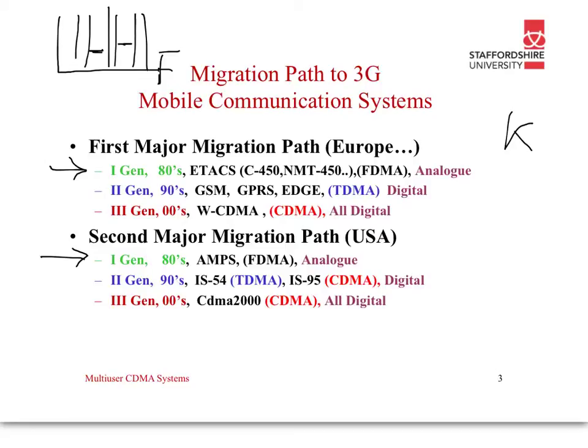So then we moved on to digital communications, which was the second generation, which occurred in the 1990s. This is when all the countries in Europe got together and developed the Global System for Mobile, or what we know as GSM. It is a TDMA system, so if this is the frequency axis and this is the time axis, we would split the channel up.